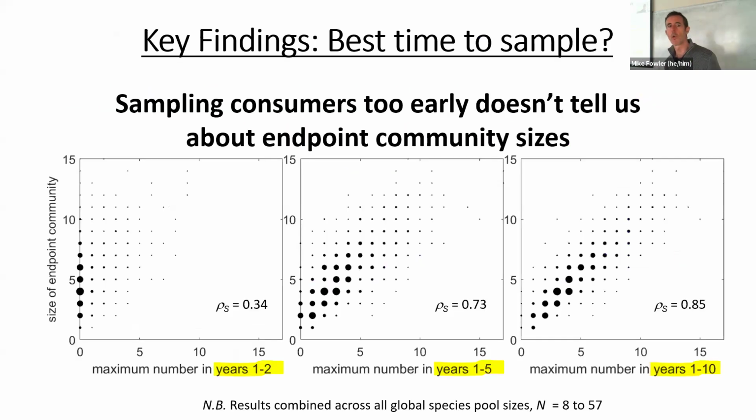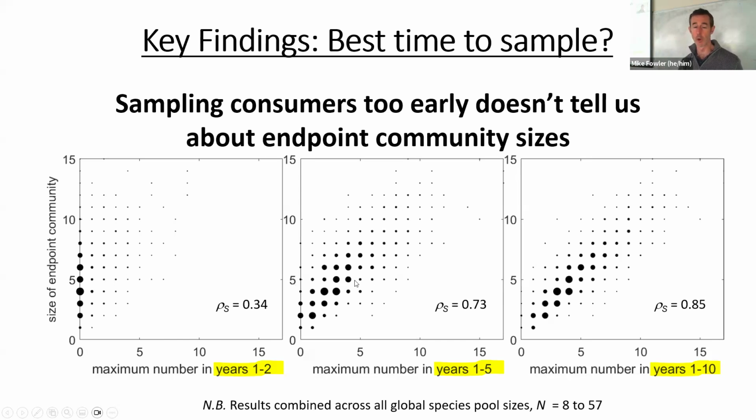We wanted to know when the best time is, how long you should sample for before you have a good idea about who is going to be there in that final endpoint community. So we looked at sampling over the first couple of years, and that really tells us very little useful information about what's going to be there at the end.